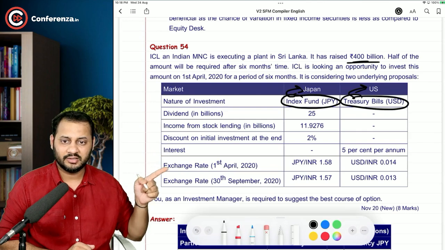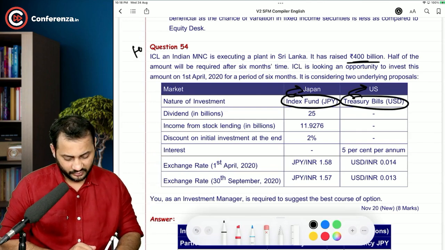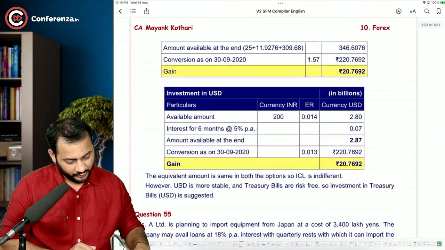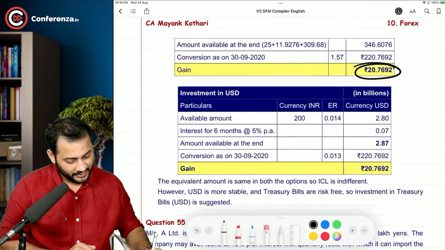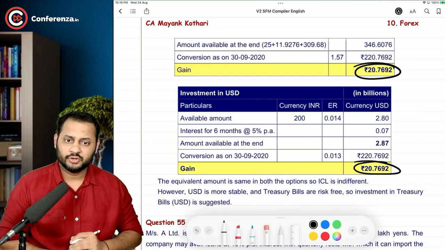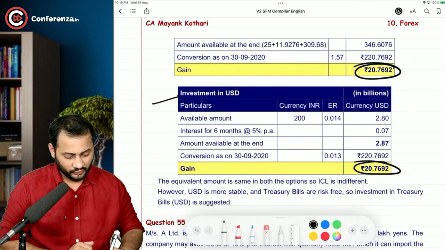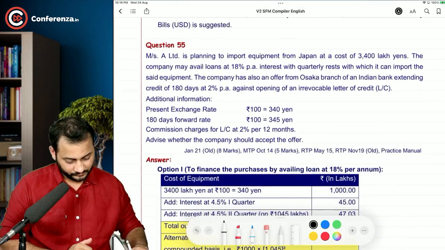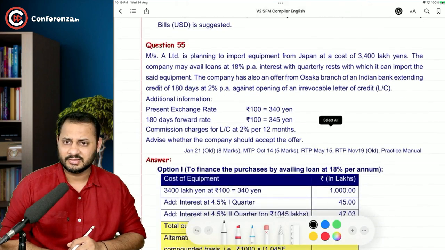Interest on that, and these are the exchange rates. You keep it for homework. Exactly similar to question number 53. And you can see that the answers are also matching once again in both. So you can invest in any one, but since the returns are the same, go for the treasury bills because that is risk free, or at least we can say lesser risk is there.